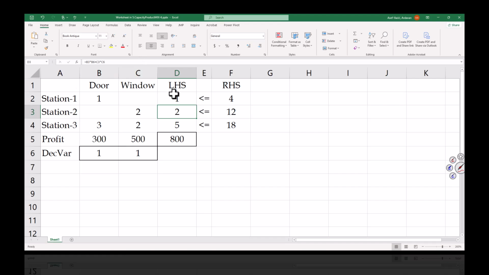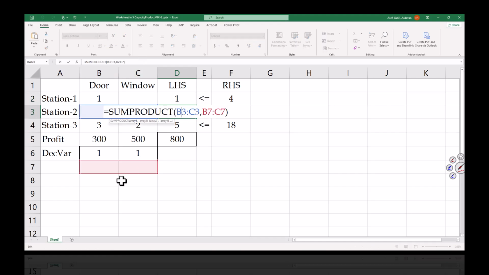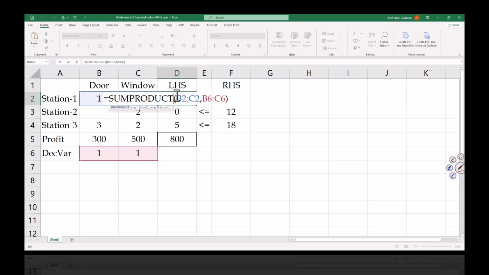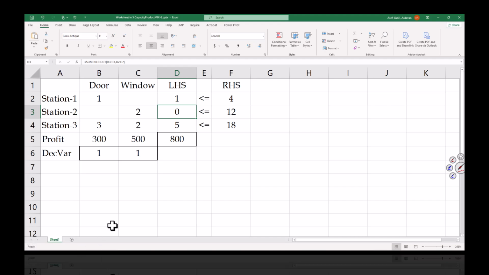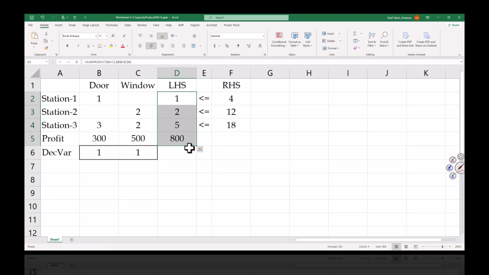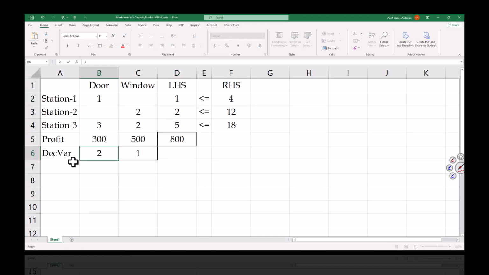Because I am going to copy this down, and if I copy it here, that second one will go one row down, and I don't want that. I'll go back and I mark B6 and C6, push F4, lock it, and copy down 2, copy down 5, and copy down 80. That's it.